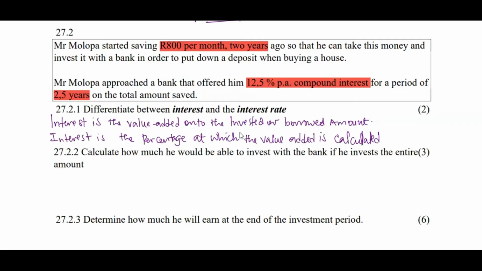You understand? Interest is that value that you get. Interest rate is the percentage at which that value is going to grow. I need to see the word percentage. Here I need to see the amount of value added onto. Okay.